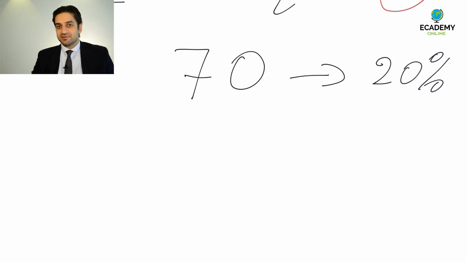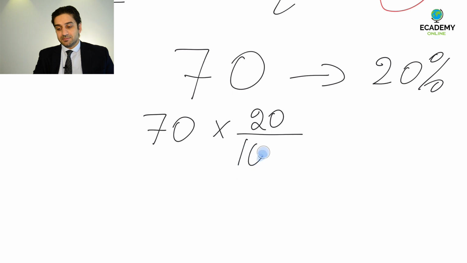How many apples did I give Michael? Basically, what I will need to do is I will need to multiply 70 by 20%, which is 20 percent over 100. This will mean that I have given Michael 14 apples.